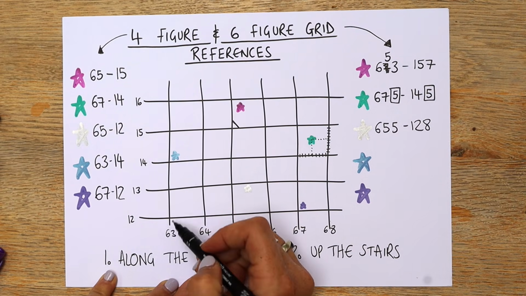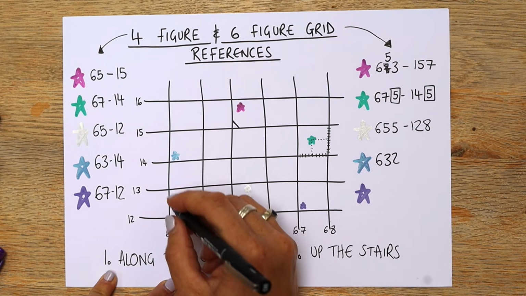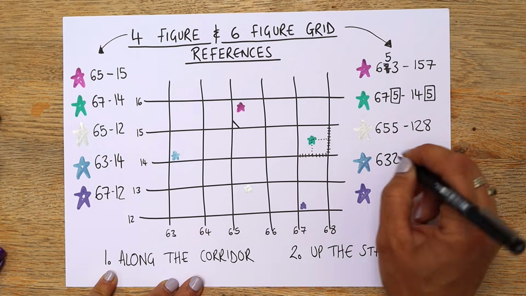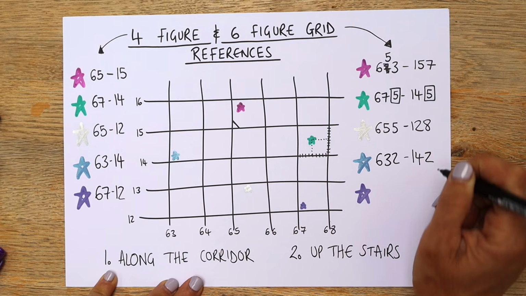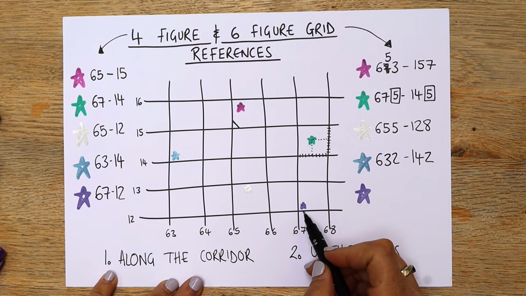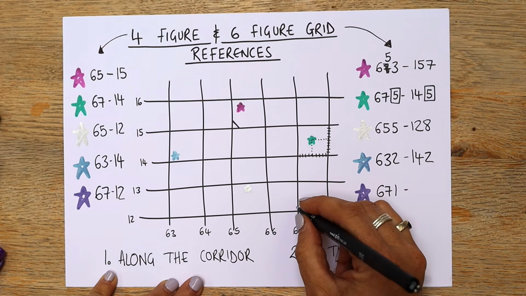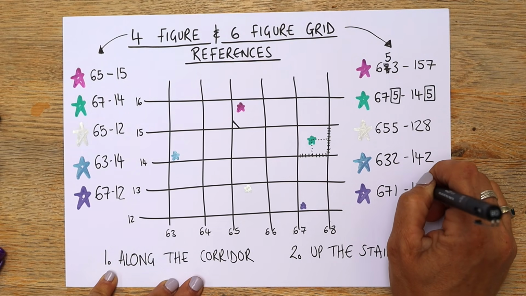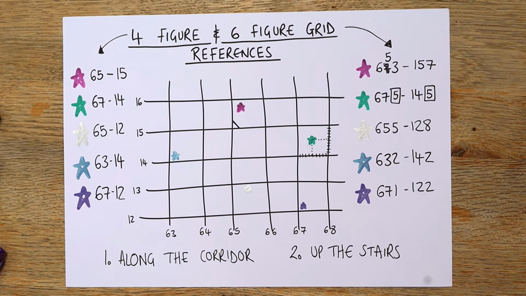Blue star is 632, and then 142. And then finally purple star 671, and then 122. Okay, sorry about that earlier mistake. But I hope that's helpful.